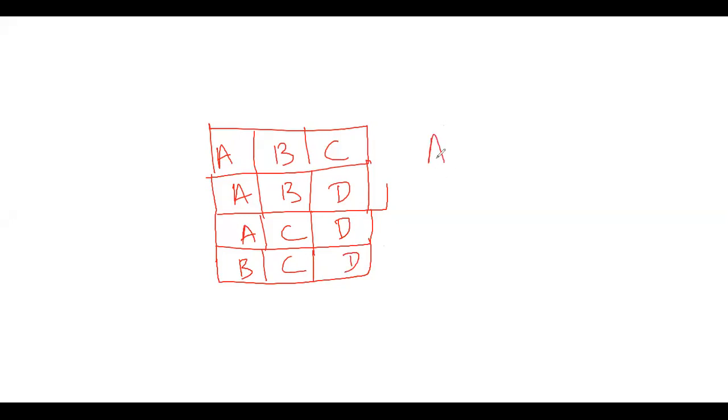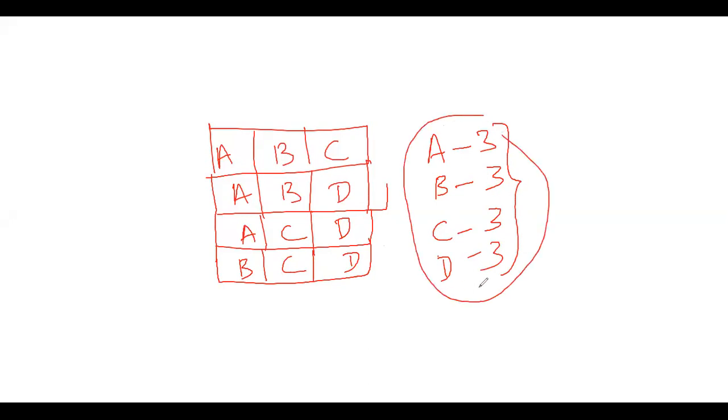Now tell me how many times A appears? Equal. All are 3. A 3 times, B 3 times, C 3, D 3. Now you see, this is called balanced.